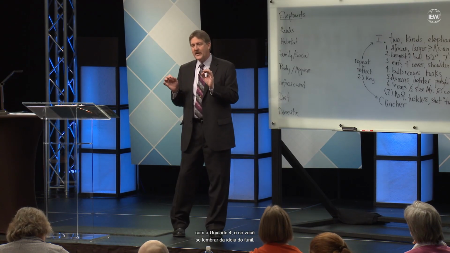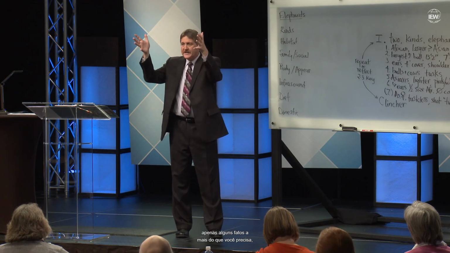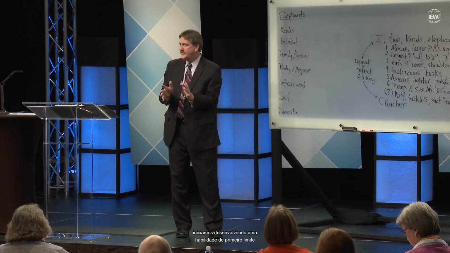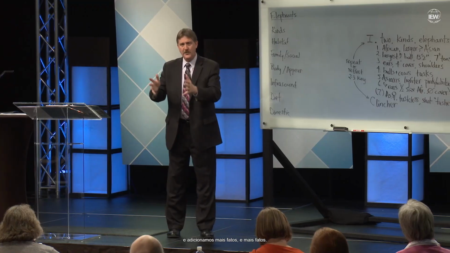And if you can remember that funnel idea, if you start with a source text that has only a few more facts than you need, then the limiting skill develops easily at first, then a few more, then a few more.